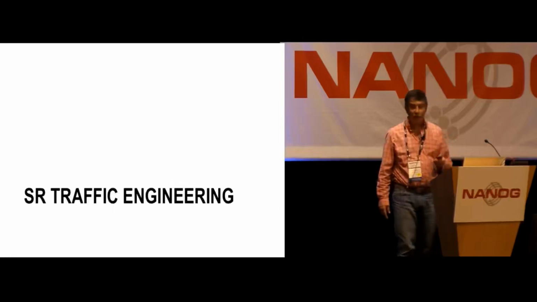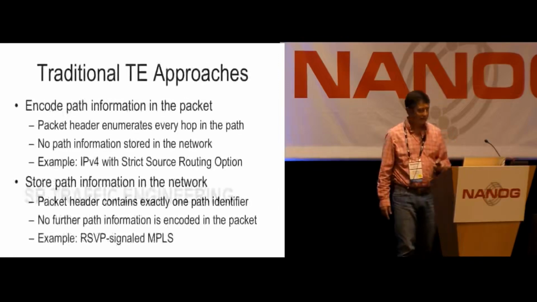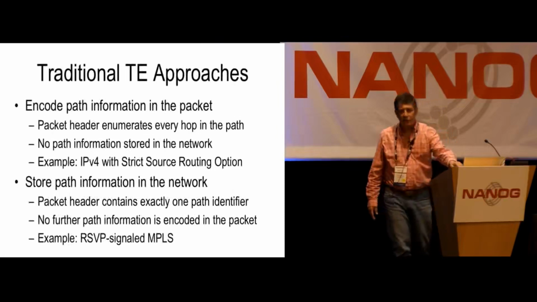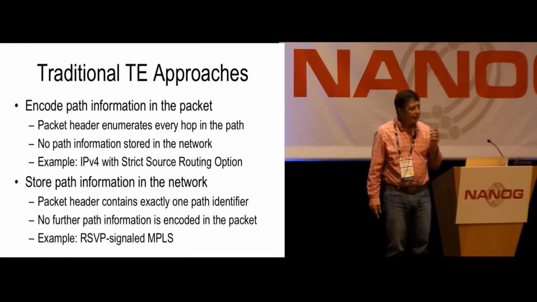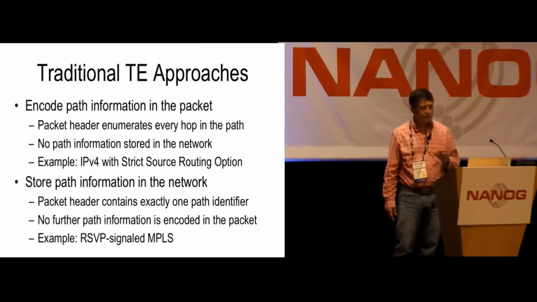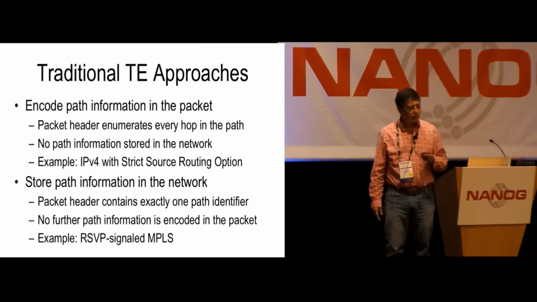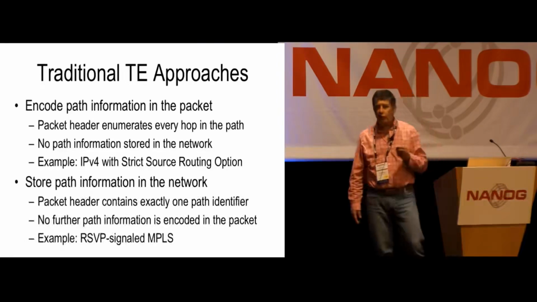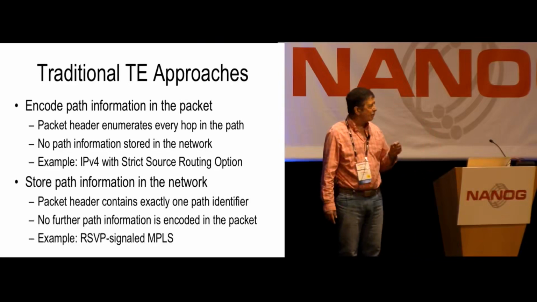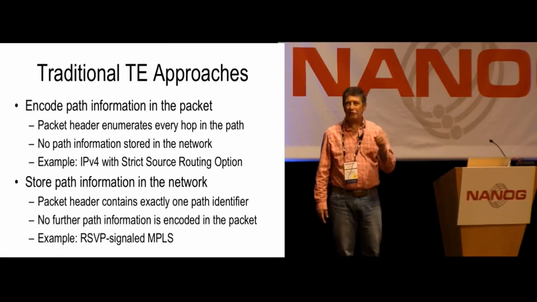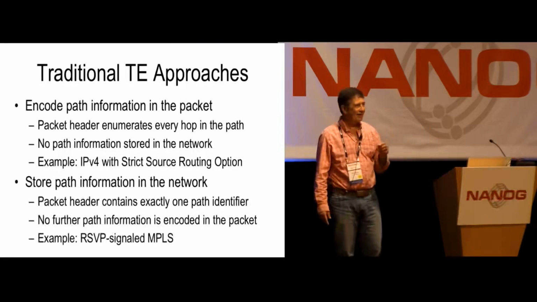Let's talk a little bit about traffic engineering with segment routing. And let's talk about how traffic engineering has been done in the past. There are 2 traditional approaches. One approach is to encode all of the path information in the packet. How many of you remember the IPv4 strict source routing option?